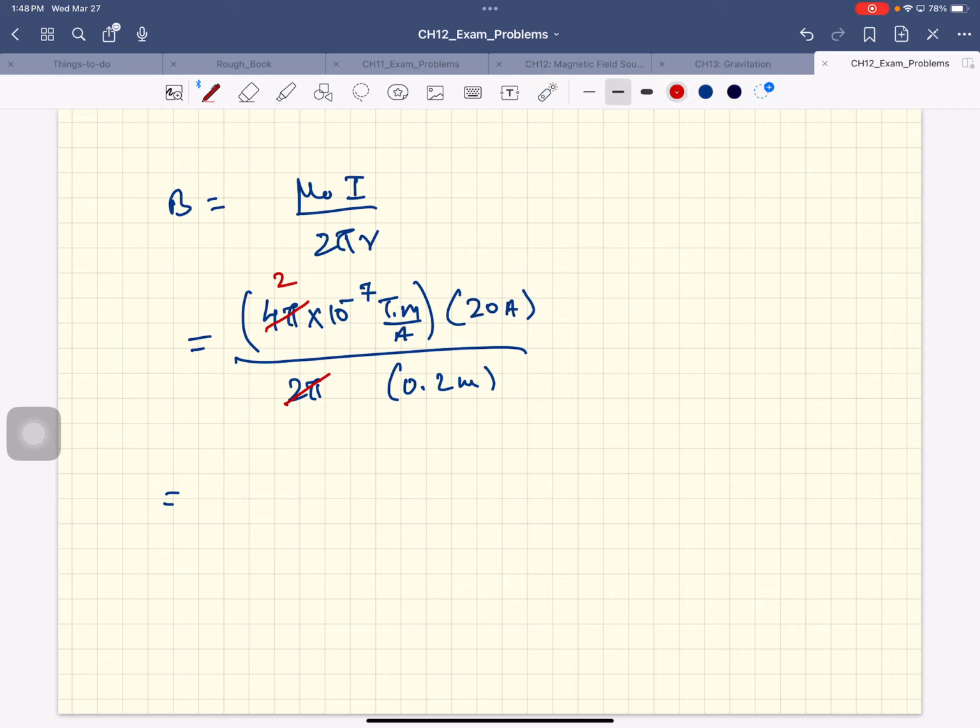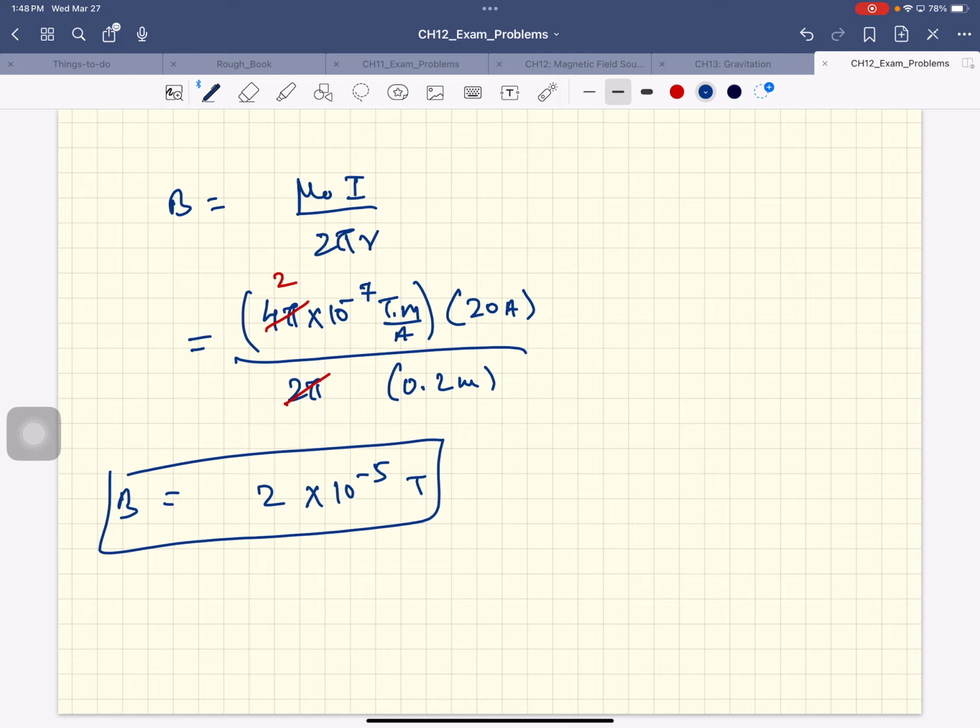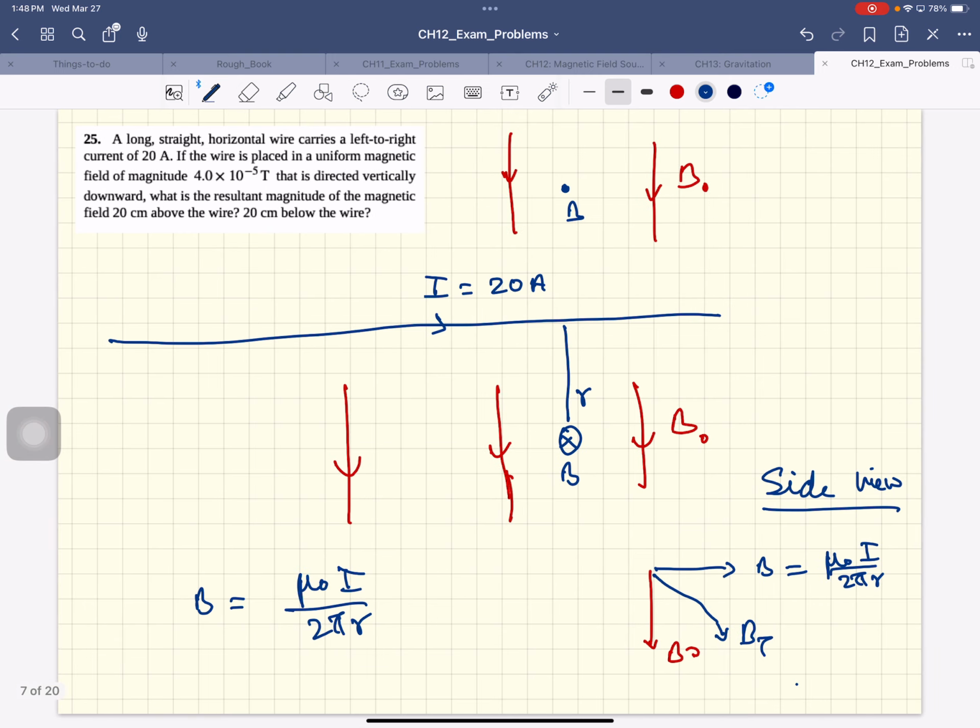So this is 2 times 10 to the minus 5 Tesla. Again, what we have calculated is the field due to this current, which goes in that direction. The magnitude 20 centimeters away is 2 times 10 to the minus 5 Tesla, and this is 4 times 10 to the minus 5 Tesla.